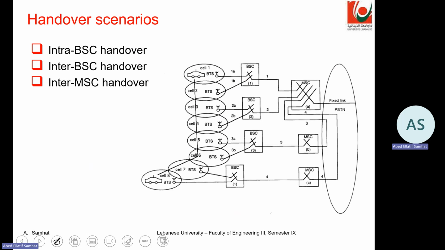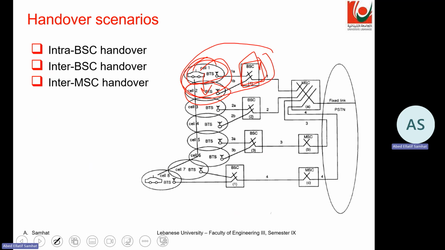Let's see other handover scenarios. It's possible that we have two cells that belong to the same base station controller. In this case, we call it intra base station controller, so the allocation of the resources will be done within the same base station controller.